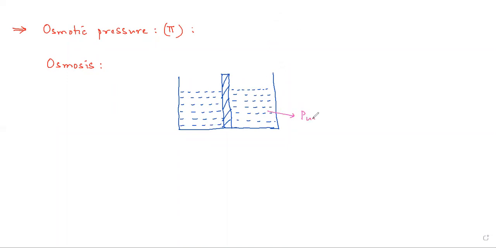Let this be the pure solvent. This be the solution. And say this is a semi-permeable membrane.